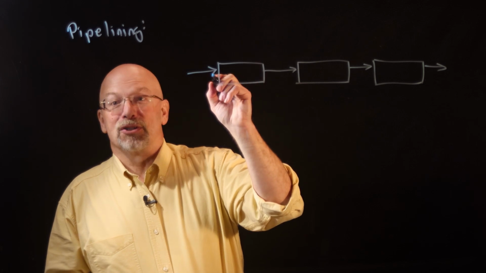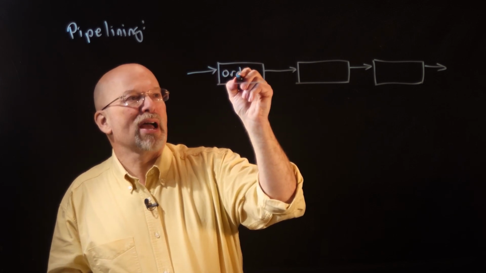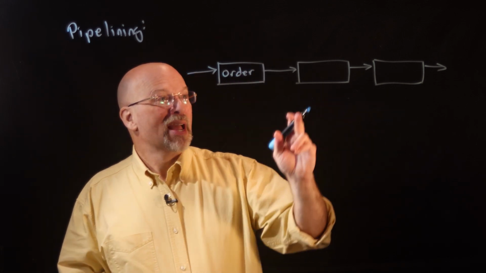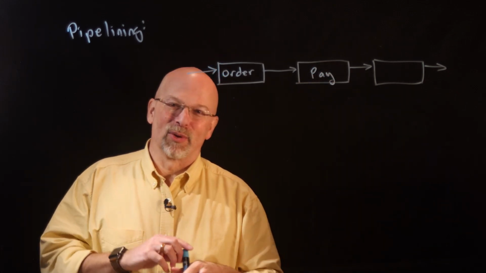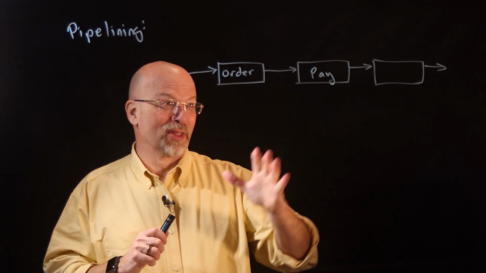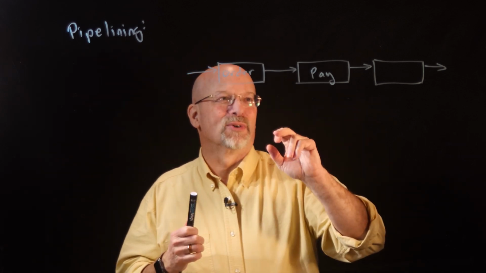Now, there's a couple of stages that you have to go through. For example, you have the one window where you place your order, and then another window, assuming you don't have some sort of order ahead or pay before. We'll talk about that when we start talking about more architectural features.